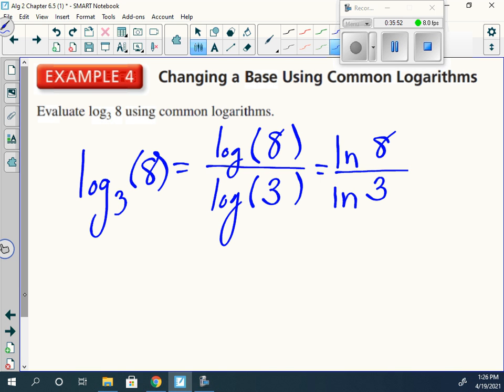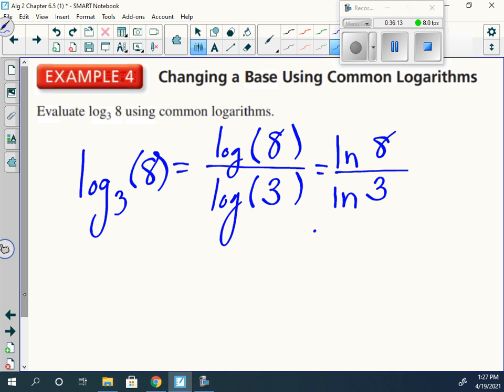So this is handy to know, especially if you're having to evaluate logarithms with a calculator that does not have log base, like the yellow calculators. If I want to evaluate log base 3 of 8, I can split it up into log of 8 over log of 3, and it would give me the answer.